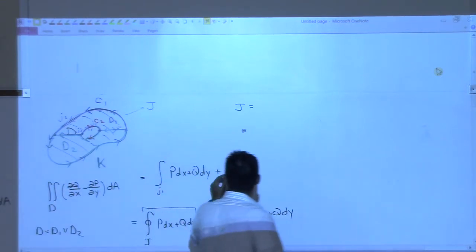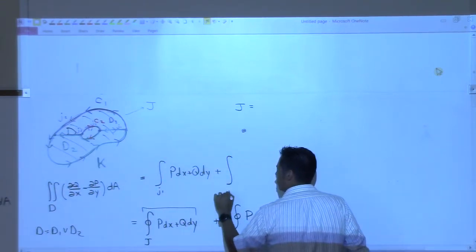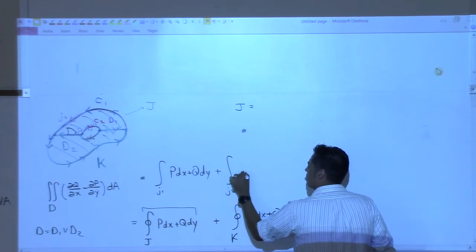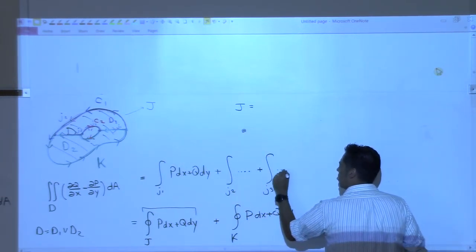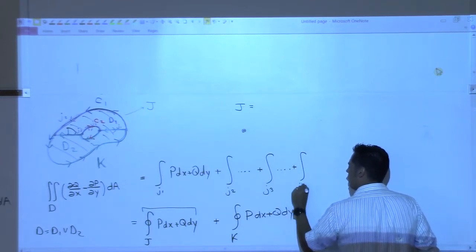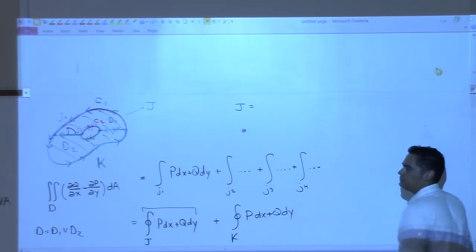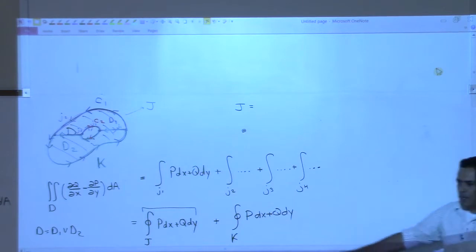So I'm going to start not writing all this out because it's a pain. J2 dot dot dot plus J3 dot dot dot plus J4, dot dot dot. That's this piece.